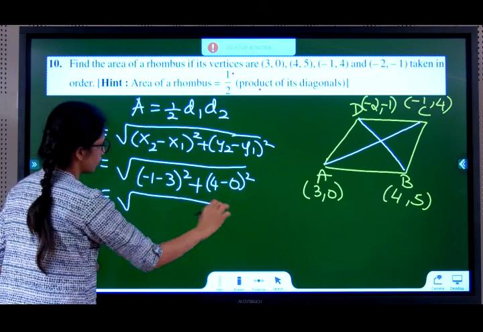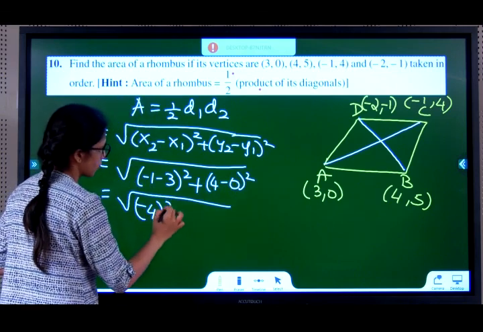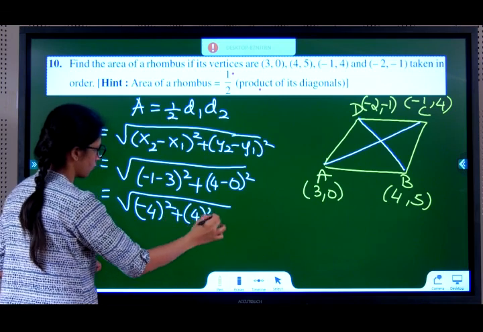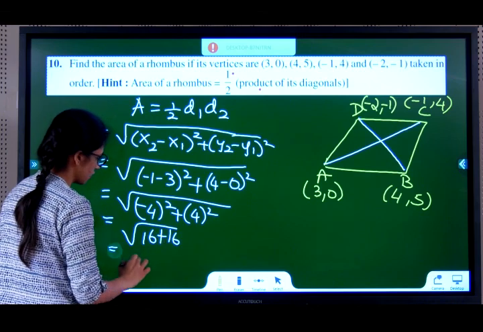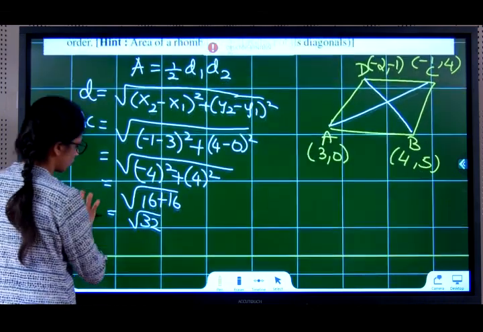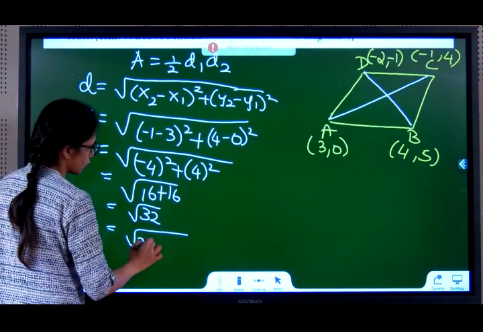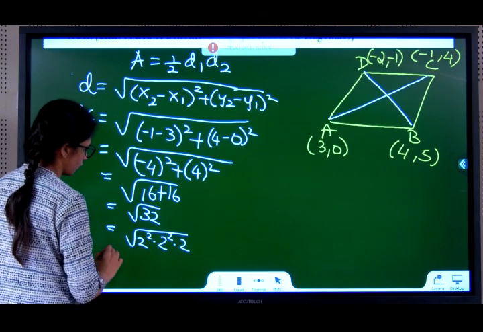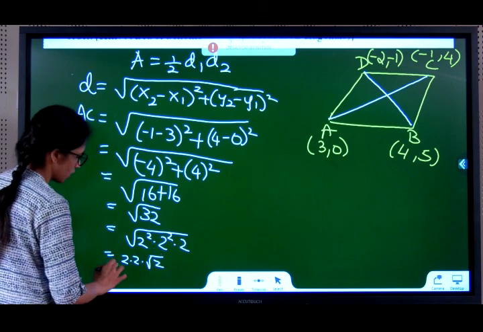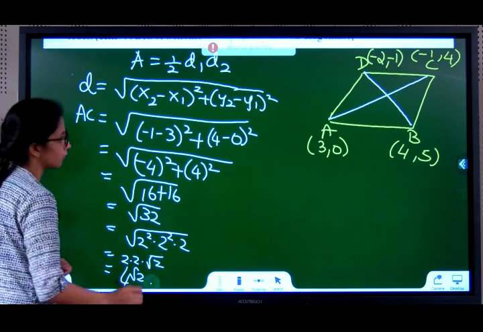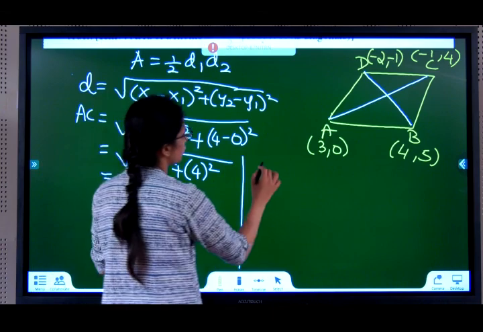So it becomes root of (-4) squared plus 4 squared, root of 16 plus 16, root 32. Root 32 can be written as root of 2 square into 2 square into 2, so this becomes 2 into 2 into root 2, 4 root 2.